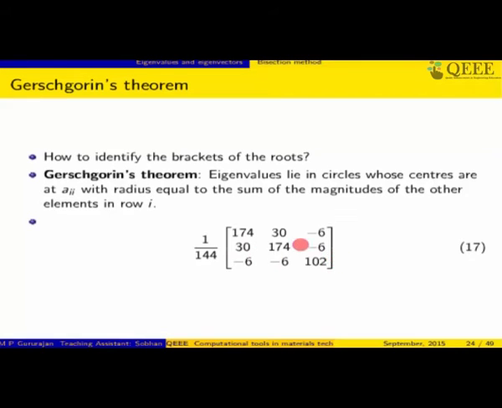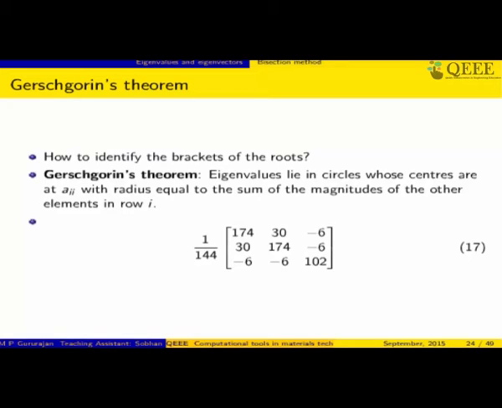Can you now look at this and use Gershgorin's theorem and tell where the eigenvalues should be? We already know where the eigenvalues are. One is at 1, one is at 0.7, the other one is at 1.4. Can you see if you get them using Gershgorin's theorem? Can you tell me the centers of all three circles and the radii of the circles that you have to draw about them?